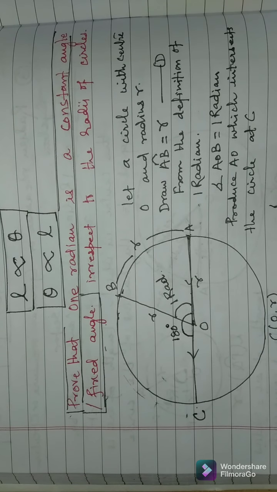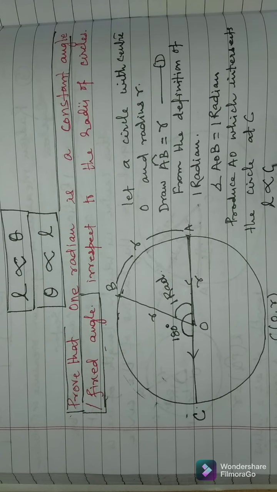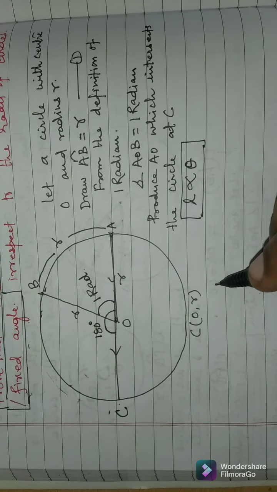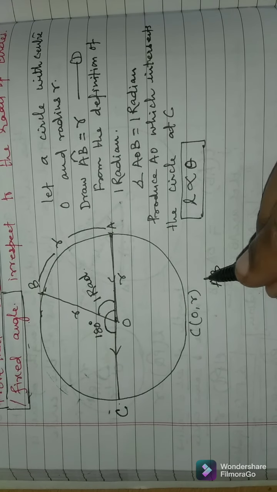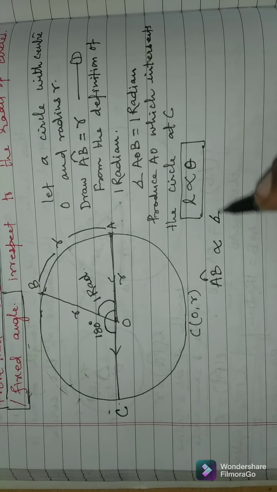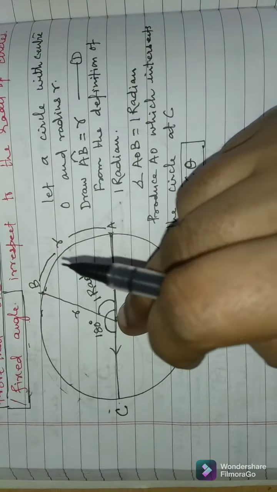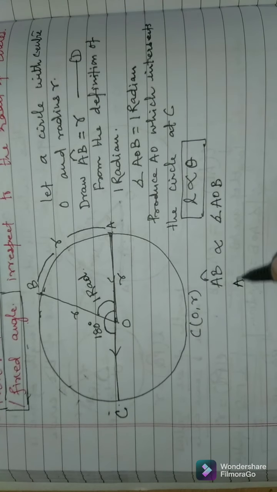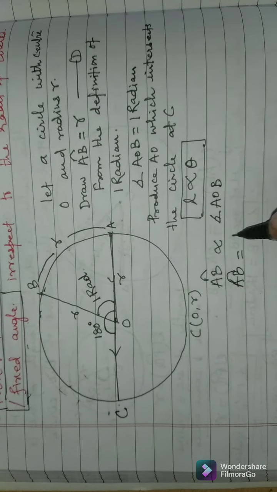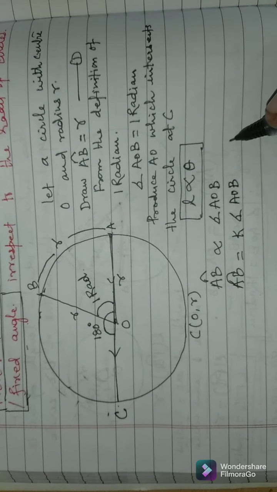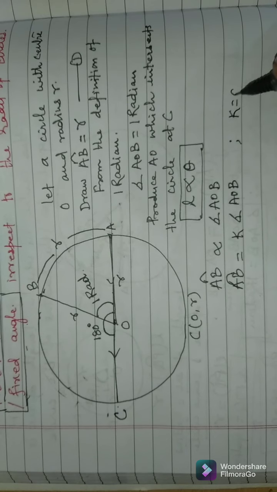So as you know that the length of arc is directly proportional to the angle made by the arc at the center. Therefore, AB arc is directly proportional to angle AOB. We can write AB arc is making which angle at the center? Angle AOB. So AB arc is equal to K times angle AOB, where K is any constant or any fixed number.